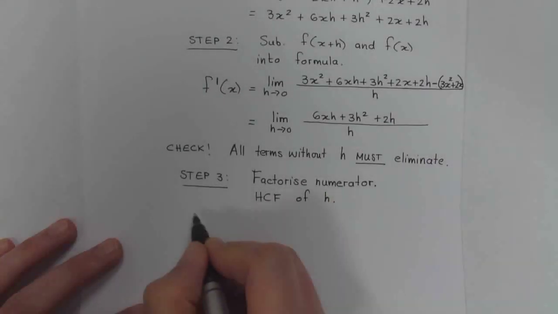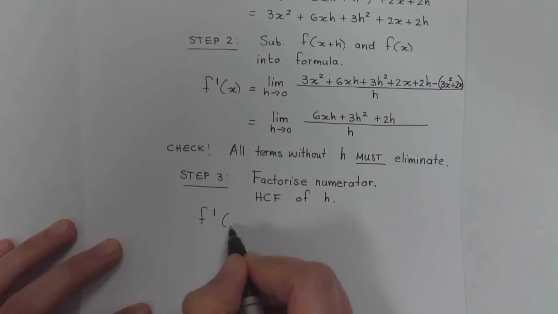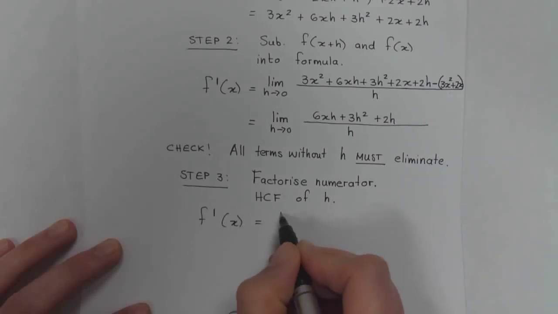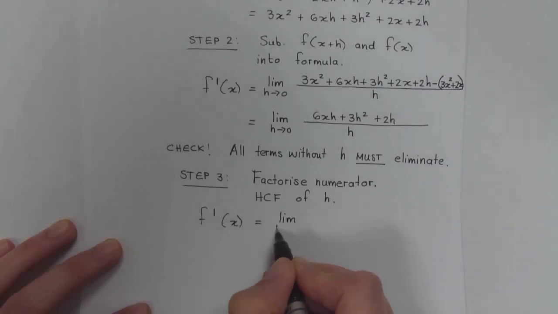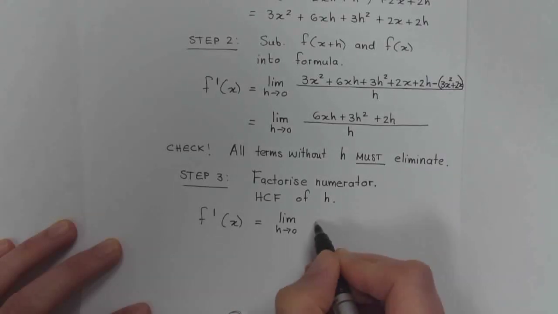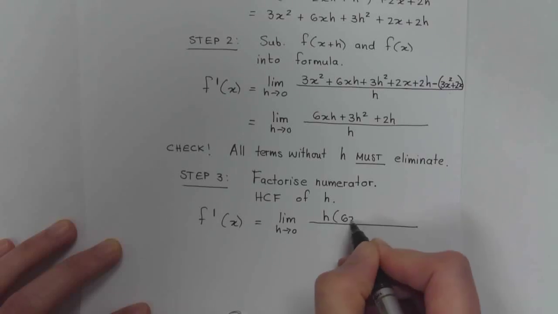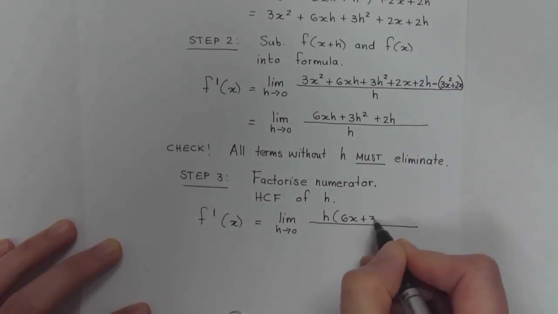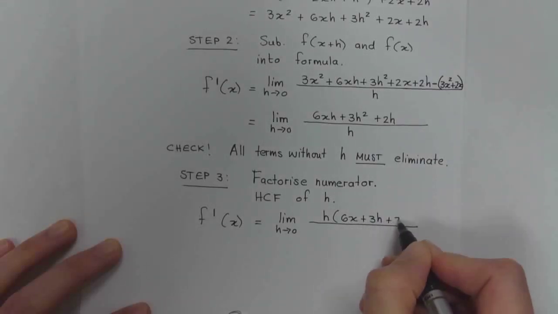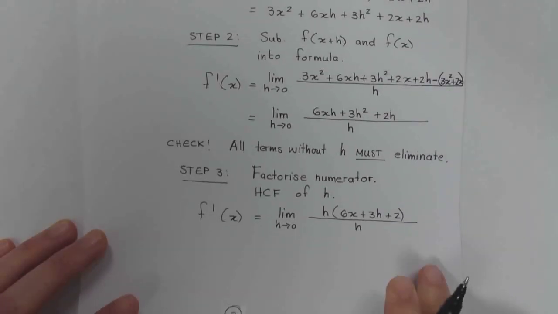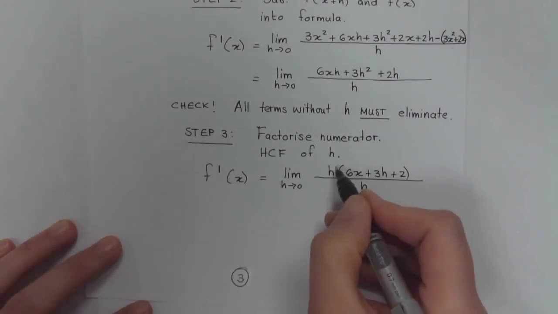So we're going to then say that means the first derivative of fx is equal to the limit of h tending towards 0. Now we factorize h, leaving us with 6x plus 3h plus 2 over h.